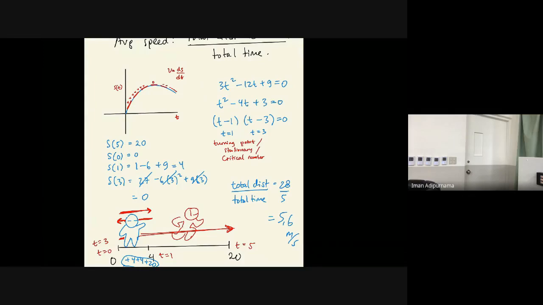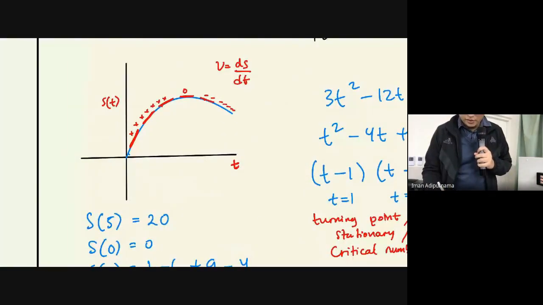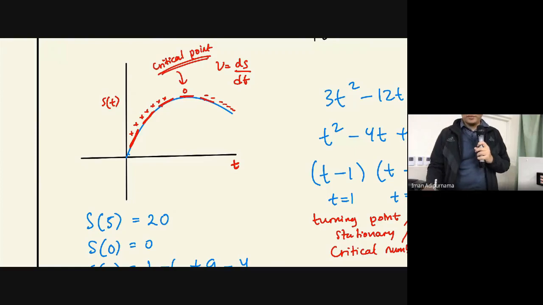The important point in this case is the turning point, this t equals 1 and t equals 3. This is a key point in chapter 4, when we are dealing with graphs. We say critical point, or number.